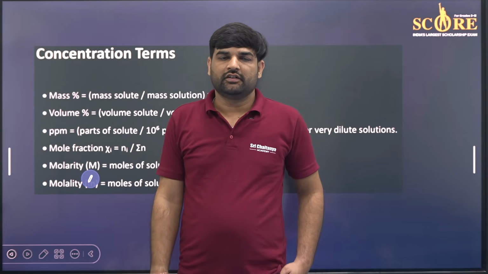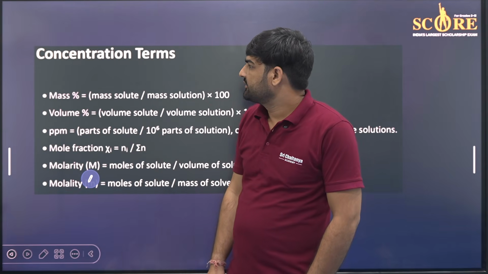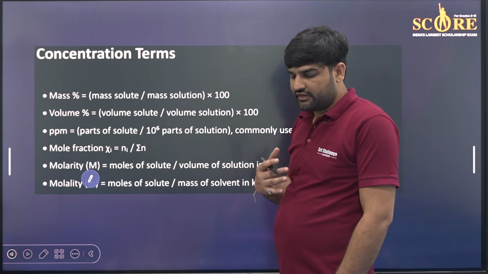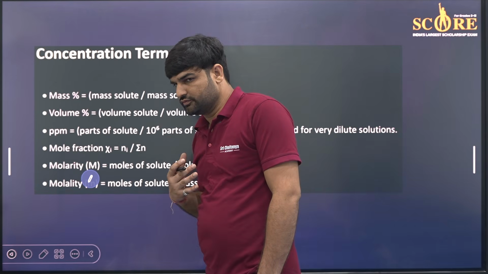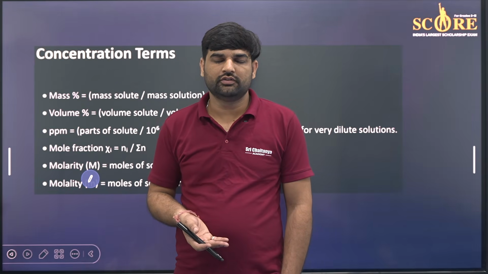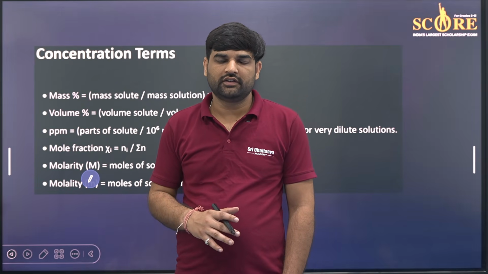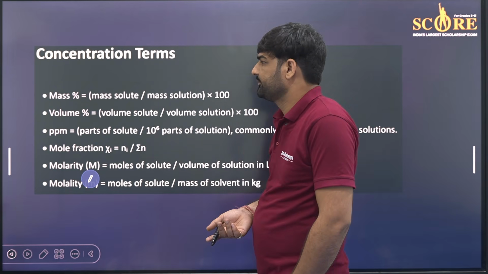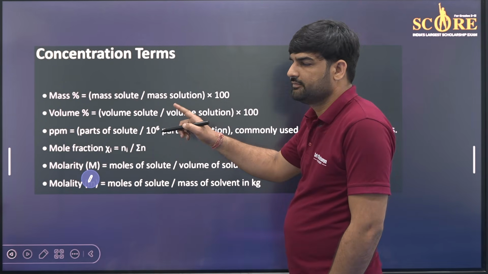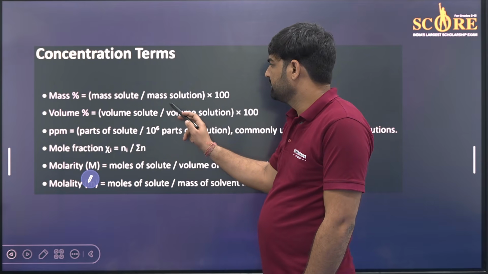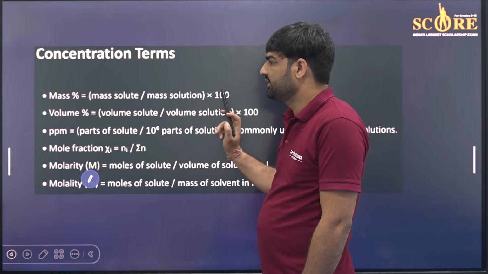So beta, now we will discuss concentration terms. Concentration terms are used to decide what is the amount of solute and solvent present in a solution. So first is mass percentage: mass of solute over mass of solution multiplied by 100.